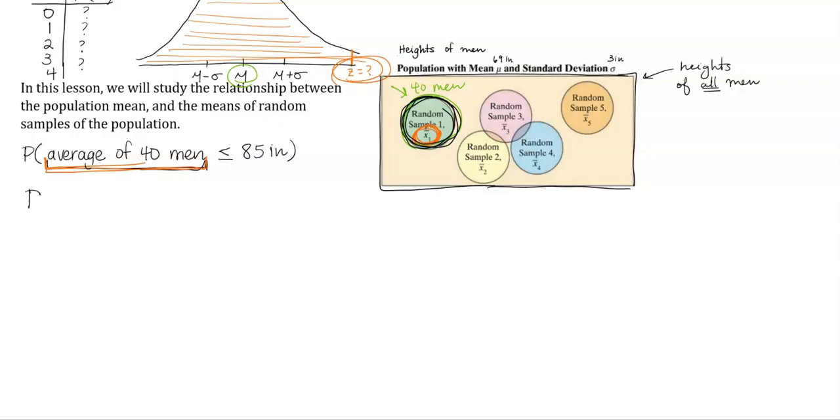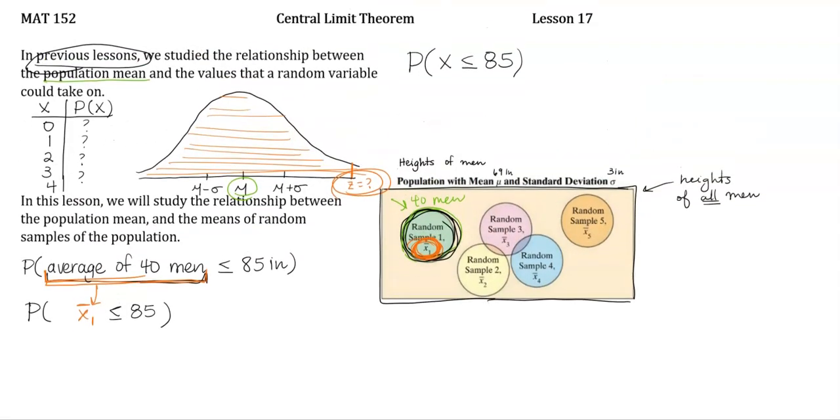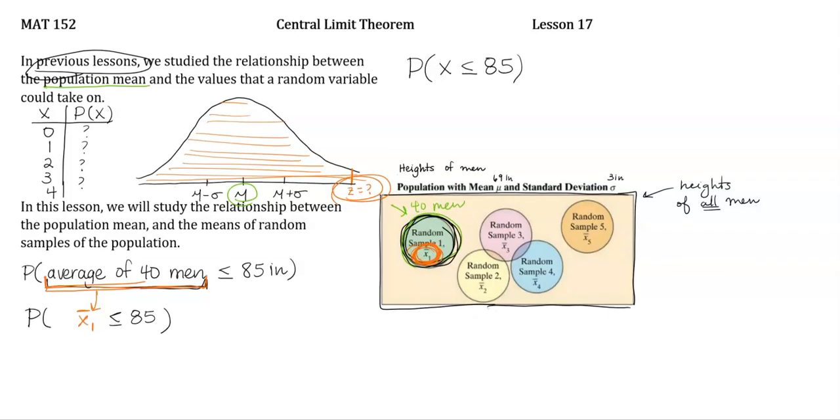What I'm looking for is the probability that the sample mean of those 40 men would be less than or equal to 85. I'm taking some time to talk about this because I want us to understand the difference between what we have already done and what we will be doing in this lesson.